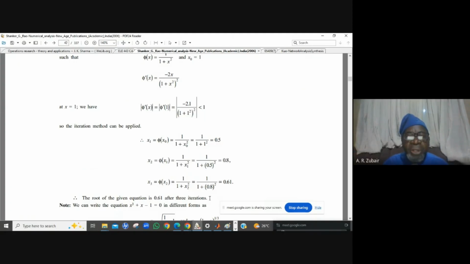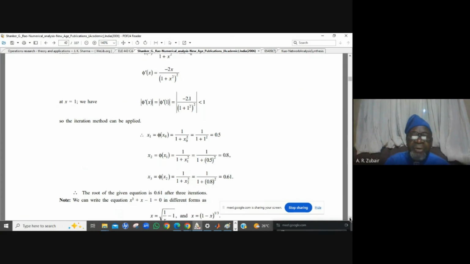By tomorrow, I'm going to write a program that will calculate it, but on your own, you are not using programming. You have to calculate. On your own, calculate x4 now. How do you get x4? Bring 0.61 here. When you get x4, whatever you get, bring it here and continue.